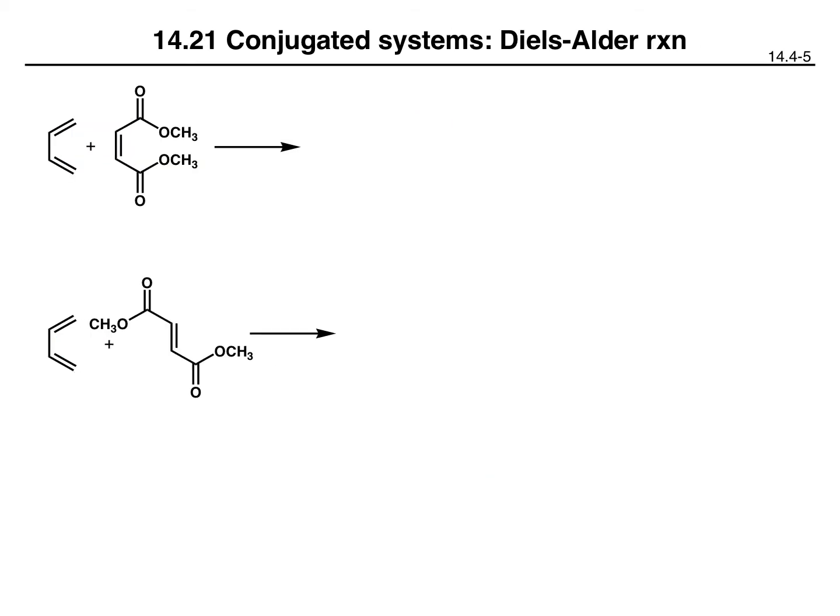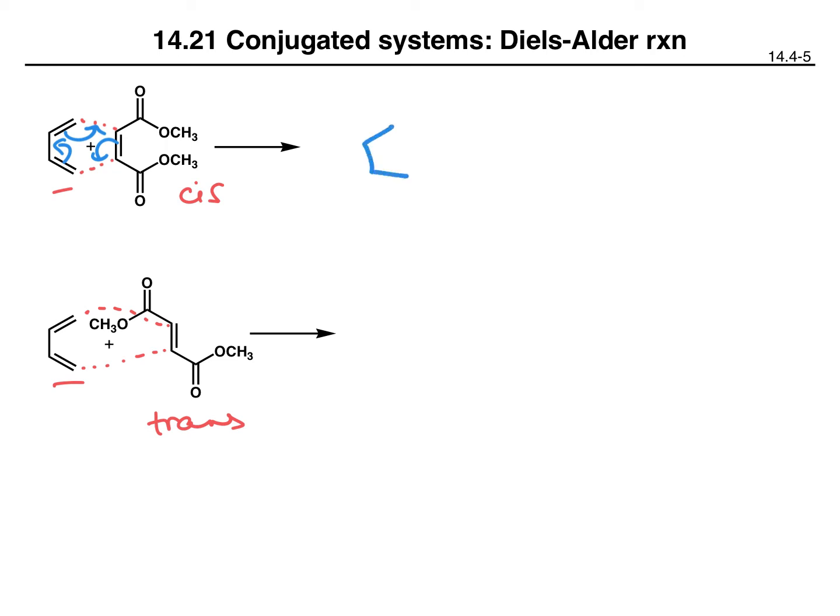Here we have a few more examples, and notice we are starting with the same diene, and the dienophile has the same substituents, but the top one is cis and the bottom one is trans. So we can draw our lines to focus on which atoms become connected together, or we can draw our arrows, or we can do both.